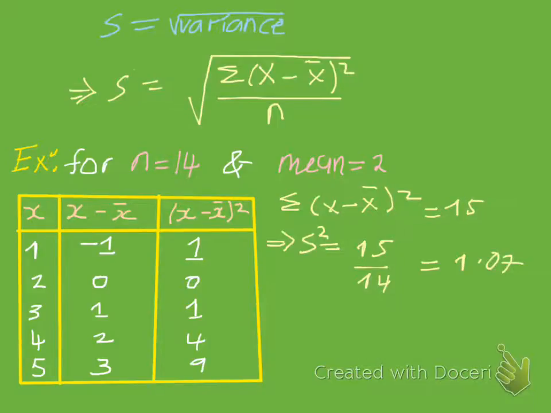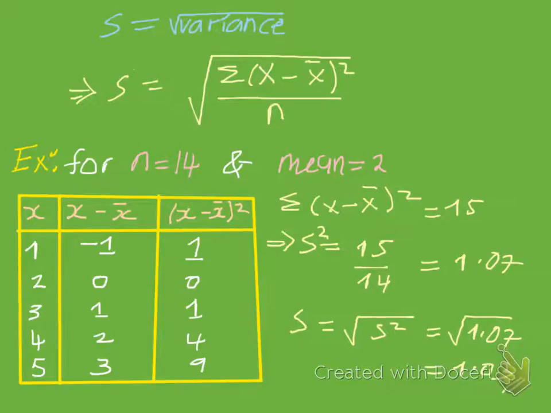To get the standard deviation, which is the square root of the variance, it will be the square root of 1.07. It gives us 1.03. So this value measures the degree of deviation of these other values from the mean, which is 1.03.